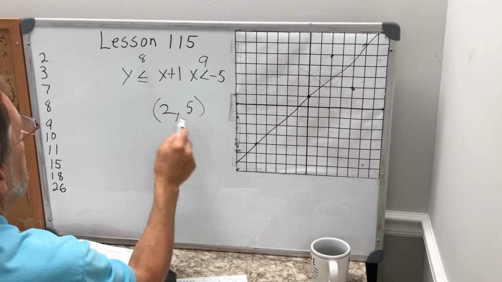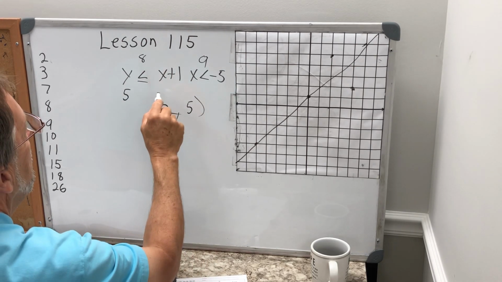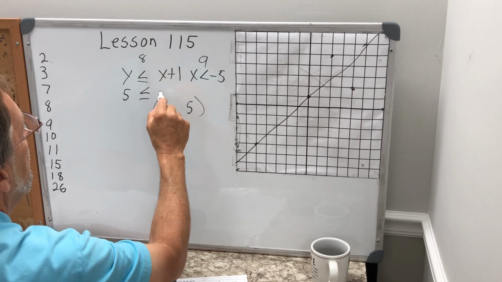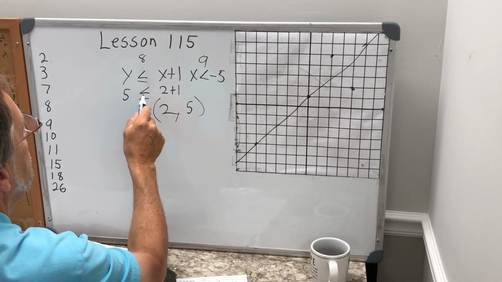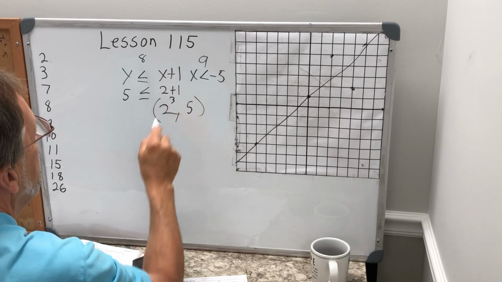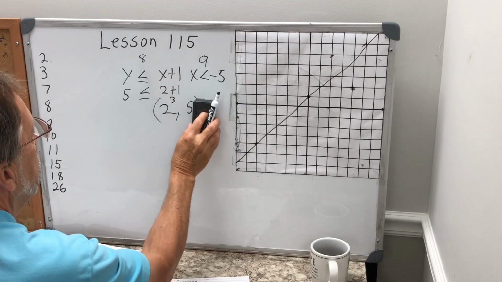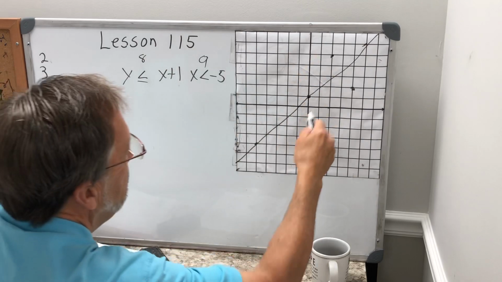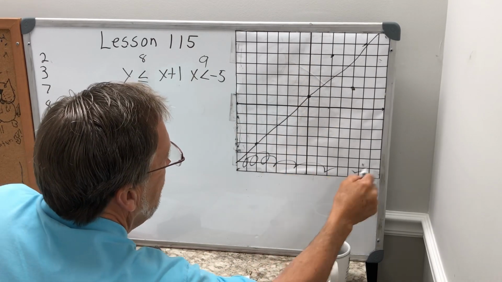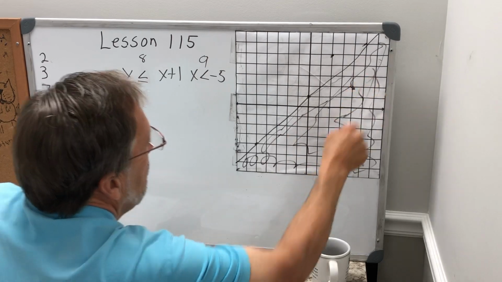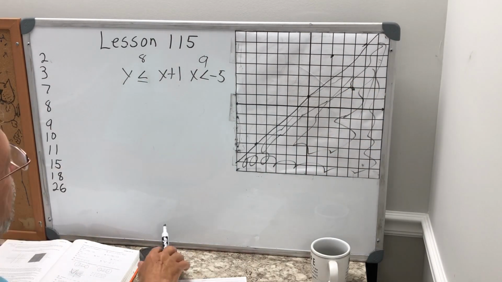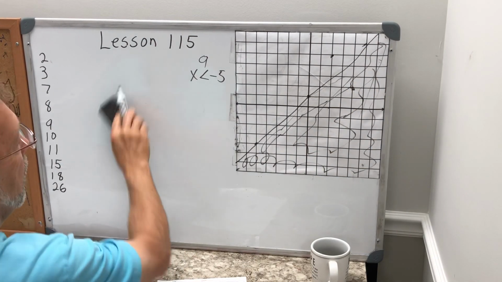All right, so I put 5 and 2 where the x is at. So 5 is less than or equal to 3. Is that a true statement? That is not a true statement. So we must shade in this side. Okay, that is where we solve for number 8.